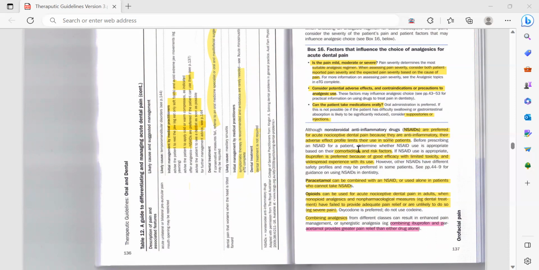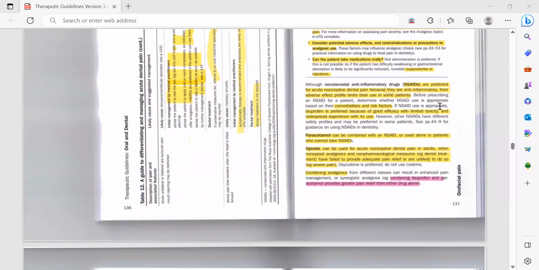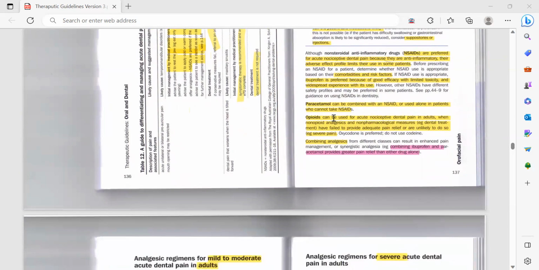Before prescribing an NSAID for a patient, determine whether NSAID use is appropriate based on their comorbidities and risk factors. If NSAID is appropriate, then ibuprofen would be the best one because it has good efficacy with limited toxicity and widespread experience with its use. So if NSAID is okay to give to that patient, then prescribe ibuprofen rather than others like naproxen and celecoxib.